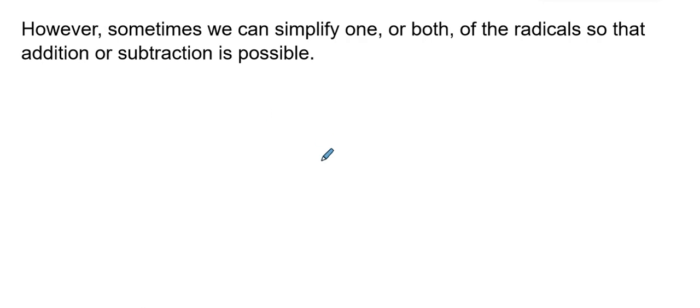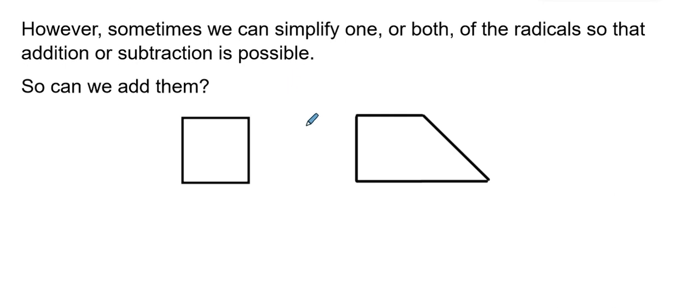However, sometimes we can simplify one or both, maybe, of the radicals so that addition or subtraction is possible. So am I saying we can add these? Well, in a way, yeah. If we picture these as radicals that maybe I could simplify, I could picture dividing this up and saying, well, that's actually 2 of those triangles.